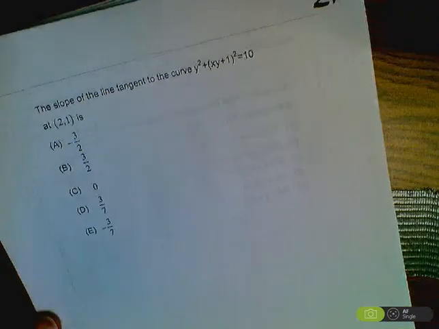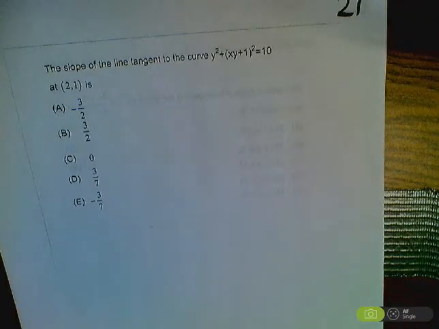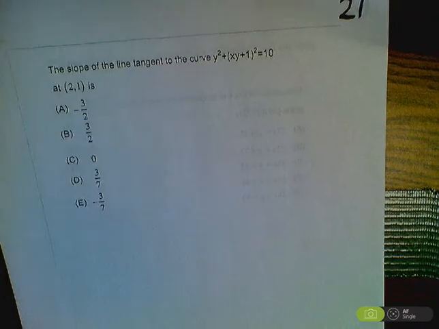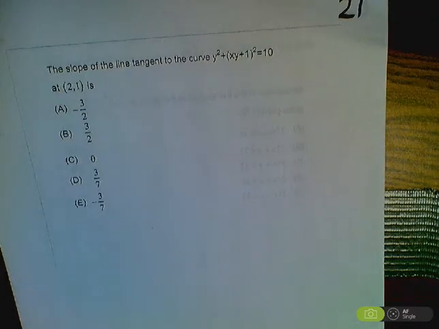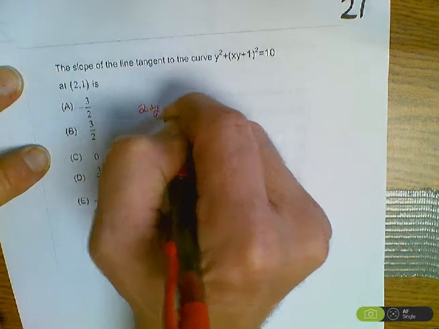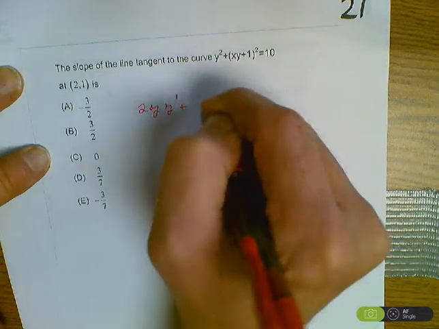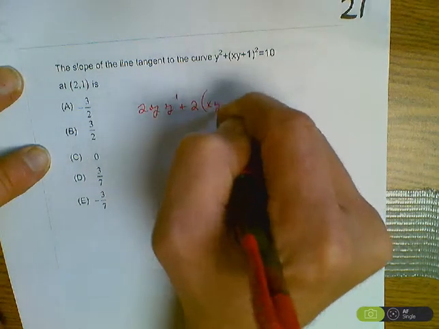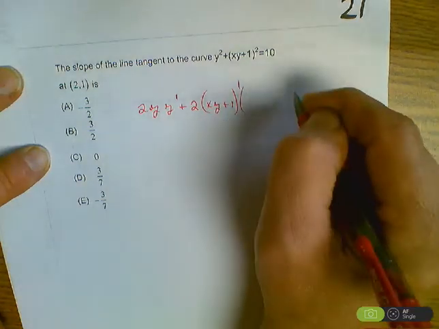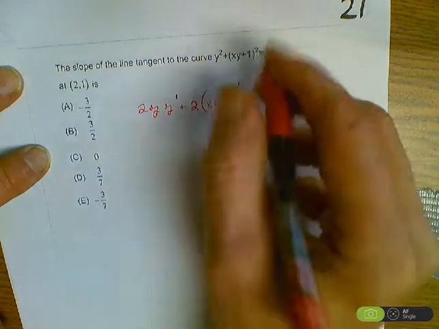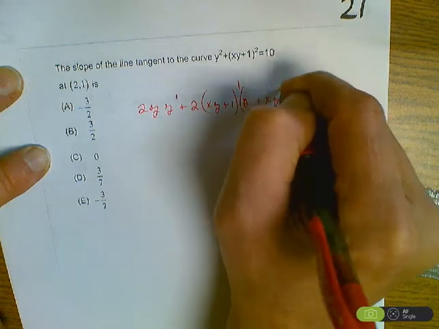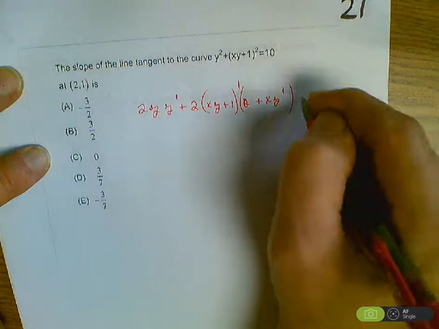Number 21. The slope of the line tangent to the curve at 2, 1 is. We just want the slope now. We don't need the equation. Let's take the derivative of this. 2y prime plus 2xy plus 1 to the first power times the baby, which is now going to be y plus xy prime, equals 0.